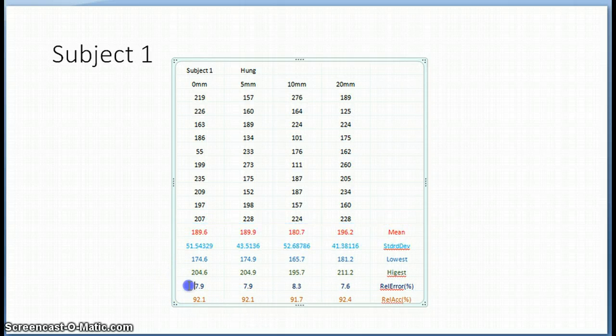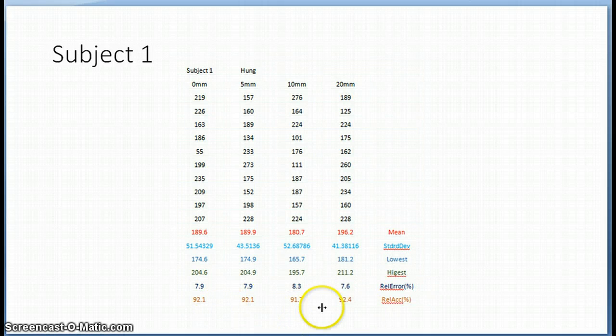So it's like 7.9% most of the time. And so let's look at the relative accuracy, which is 100% minus the relative error. So it's fairly accurate. This doesn't vary a lot between the d values.